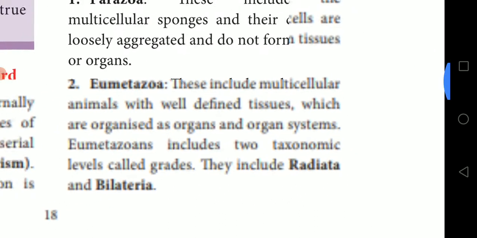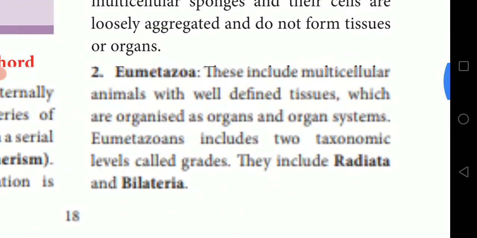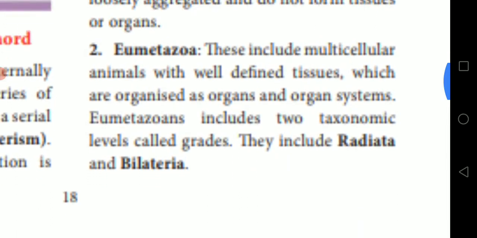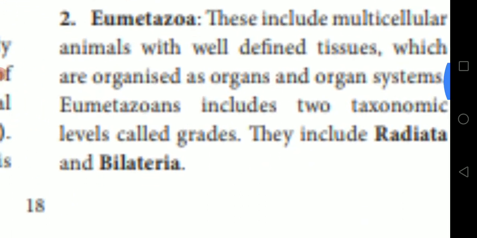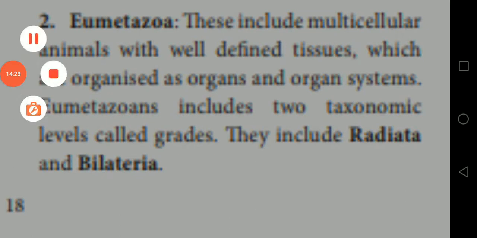Then Eumetazoa. This includes multicellular animals with well-defined tissues which are organized as organs and organ systems.